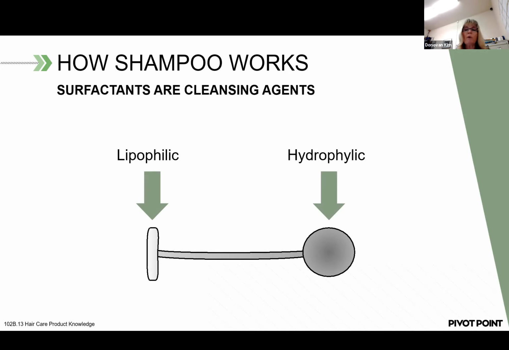So how does shampoo work? Well, even though the hair strand beyond the scalp is dead, there is the acid mantle that we have on our skin. It's a mixture of dead skin cells, sebum, and sweat, basically.